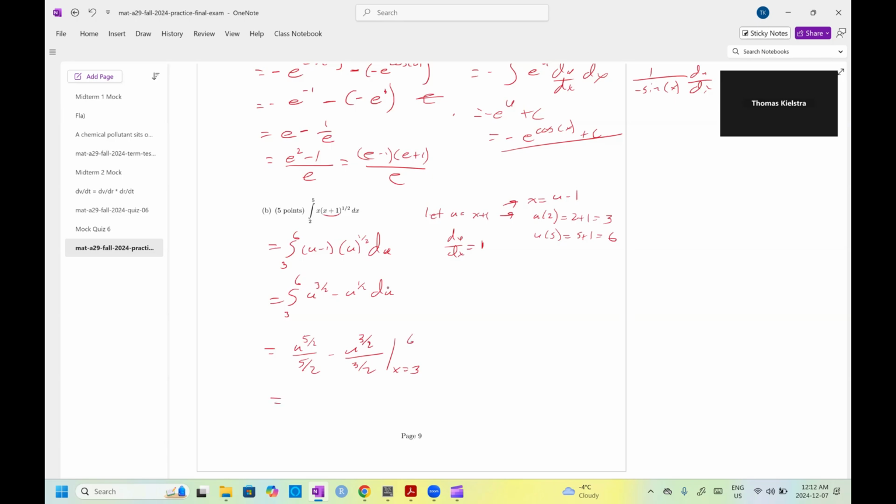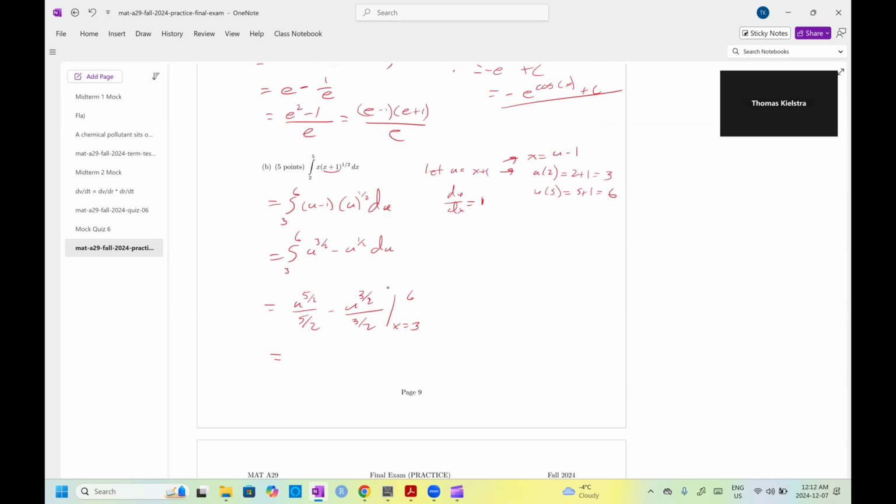This is equal to 2/5 times 6 to the 5/2 minus 2/3 times 6 to the 3/2 minus 2/5 times 3 to the 5/2 plus 2/3 times 3 to the 3/2. And this is my solution.